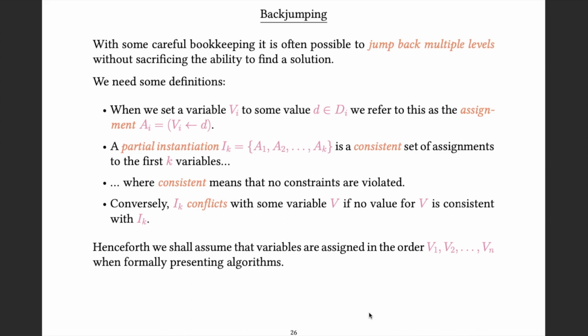Now, in thinking about this a bit more rigorously, we do unfortunately have to get into some somewhat gnarly notation. That's a pity, because the 2 versions of backjumping that I'm going to show you are fundamentally fairly straightforward. It's just really unfortunate that they're quite tricky to write down.